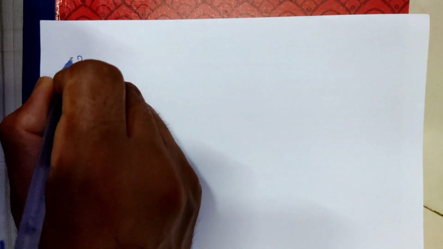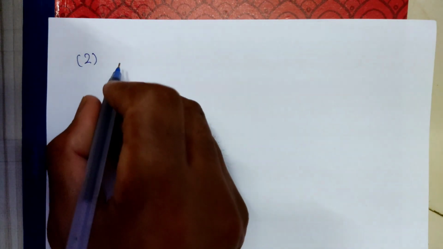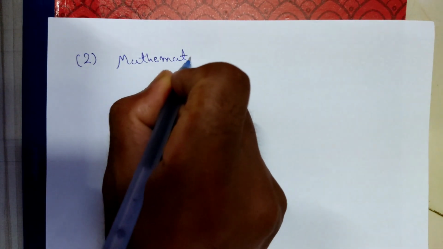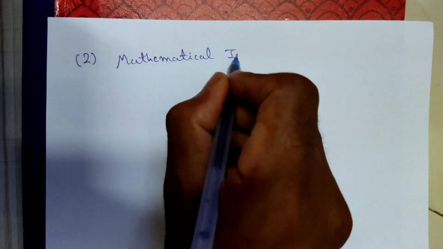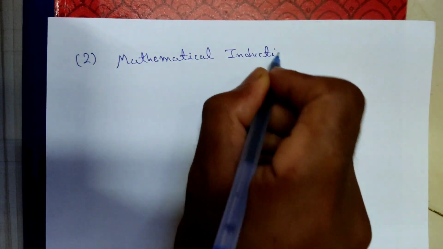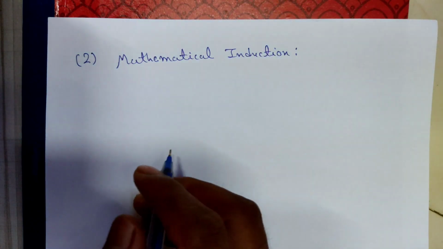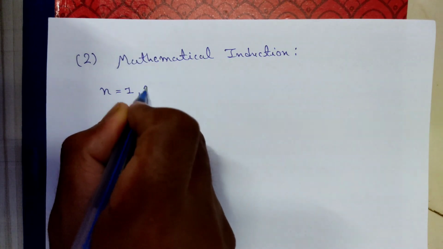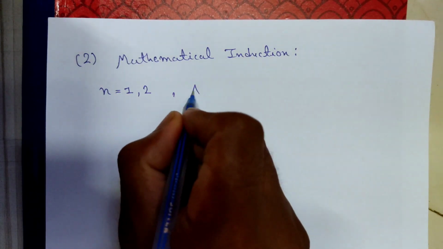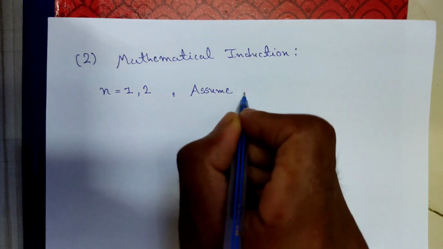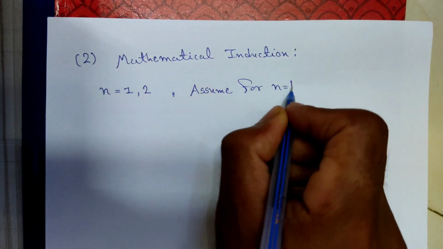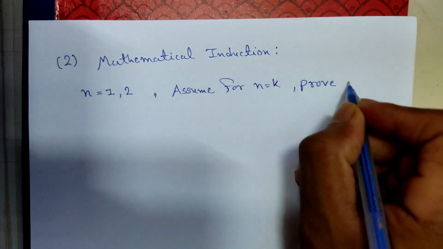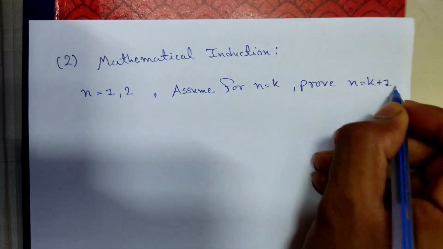The second way is mathematical induction. In this method, we will show it for n equals 1 and 2, assume it for n equals k, and prove it for n equals k plus 1.